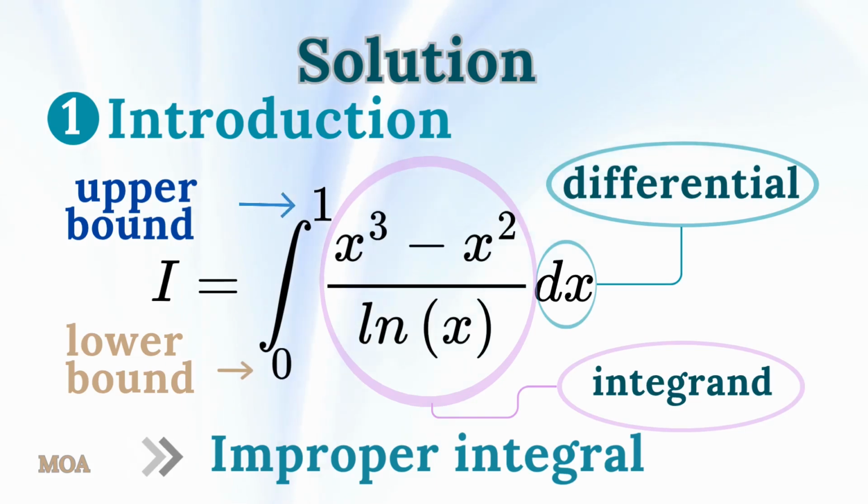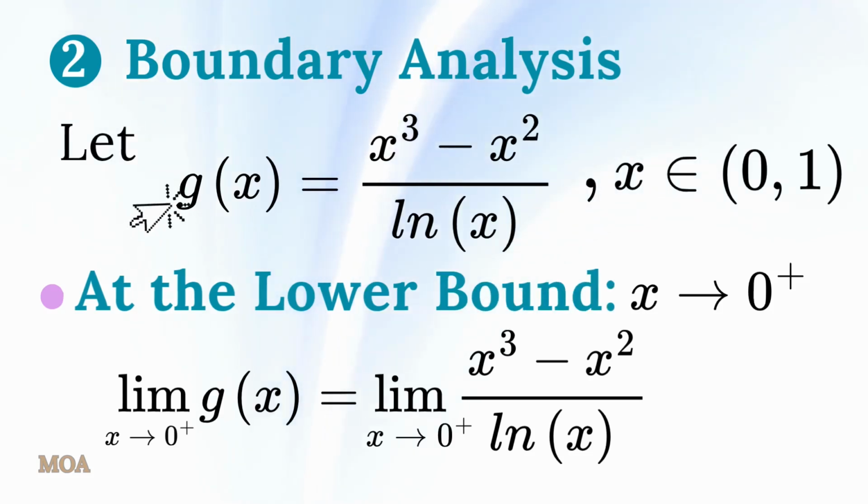To overcome this obstacle, let us begin with a boundary analysis. We will first examine the behavior of the integrand as x approaches 0 from the right. To do this, let g(x) equal (x^3 - x^2) divided by the natural logarithm of x, where x belongs to the open interval from 0 to 1.